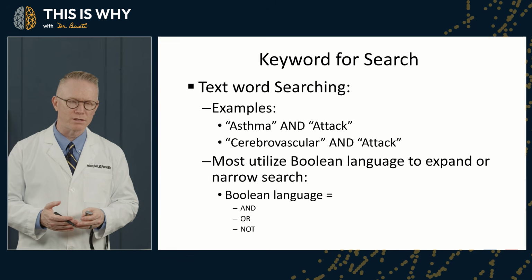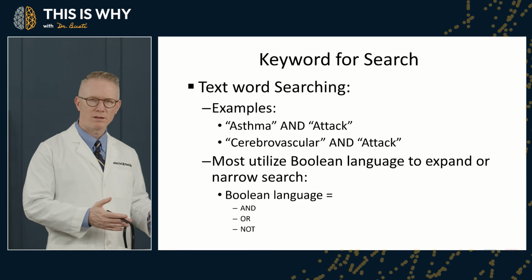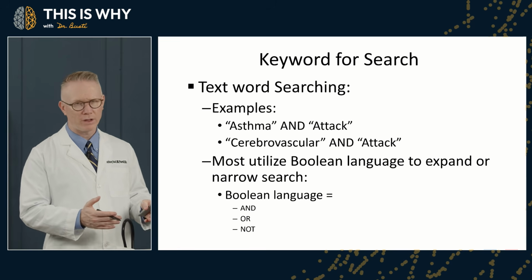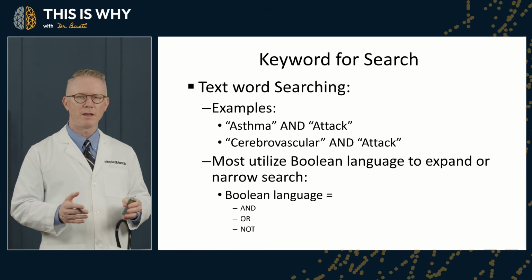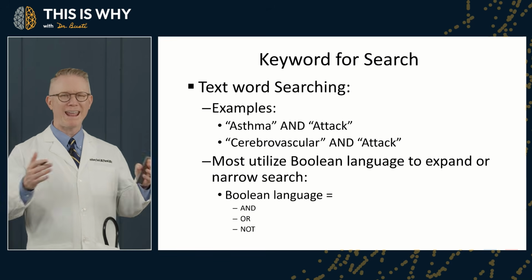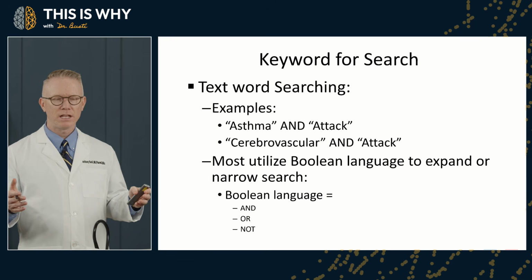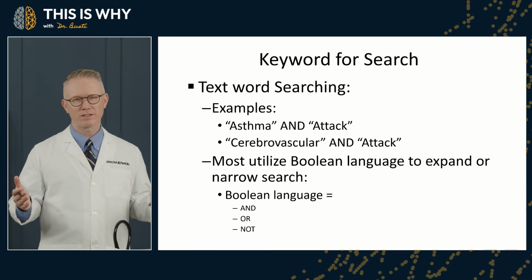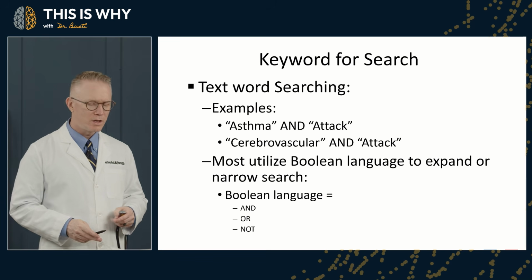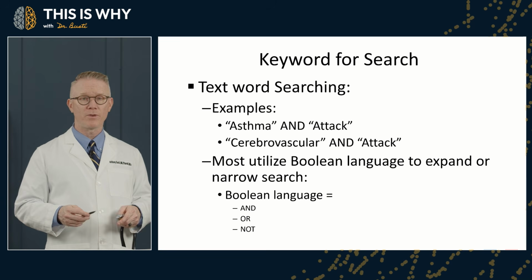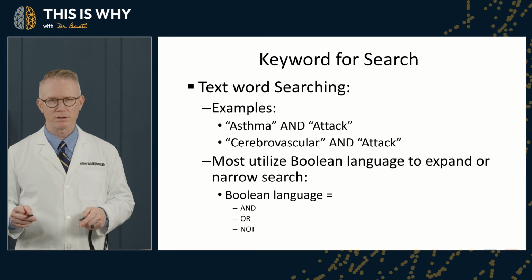Now, in the step 1 lecture that I did, I briefly talked about that. I'm going to show you some examples of that here again, but remember, if you include AND, then you are going to narrow down some of the results because it requires the search engine itself to be inclusive of both words.